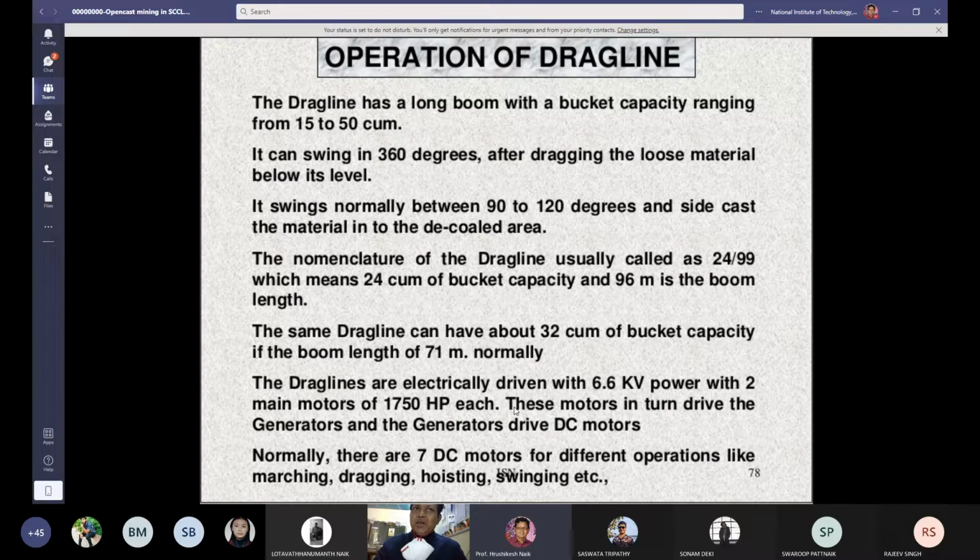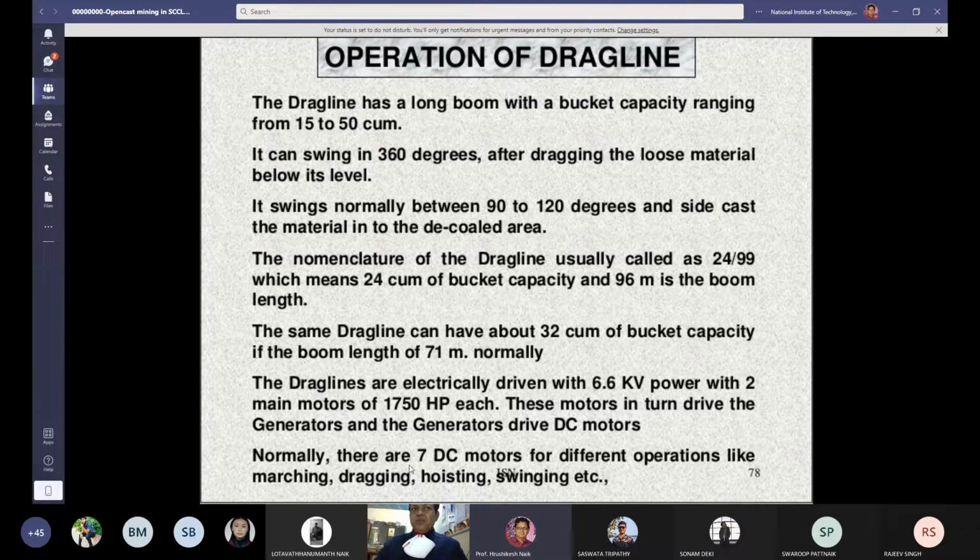These motors in turn drive the generators and the generators drive the DC motors. This way the dragline operates.